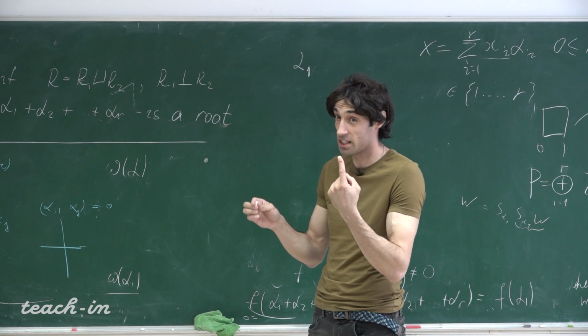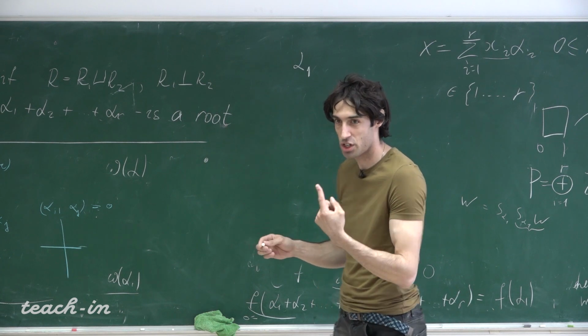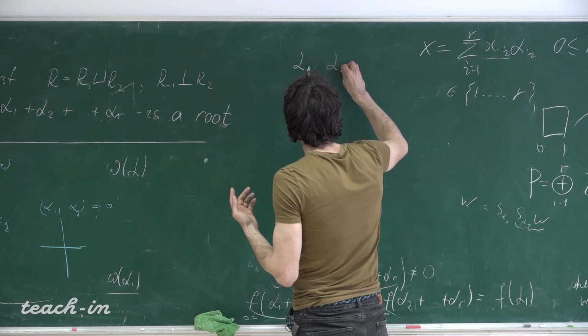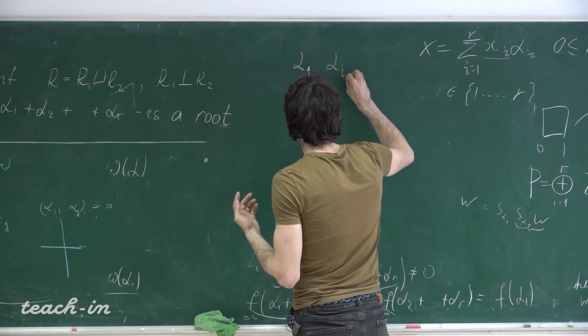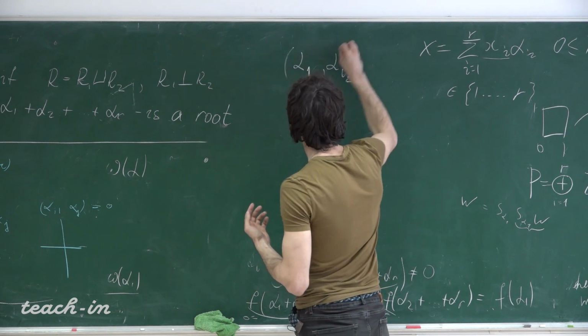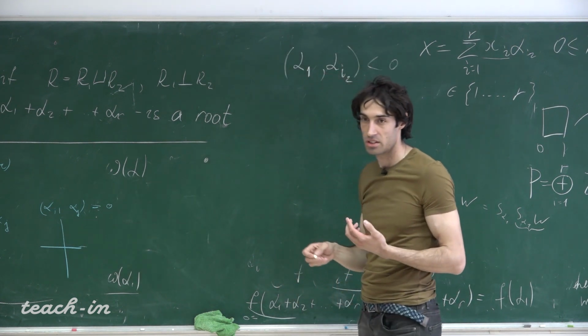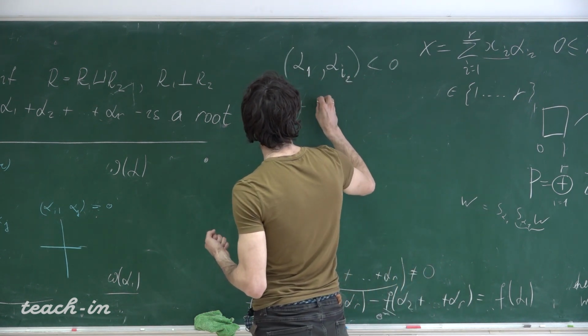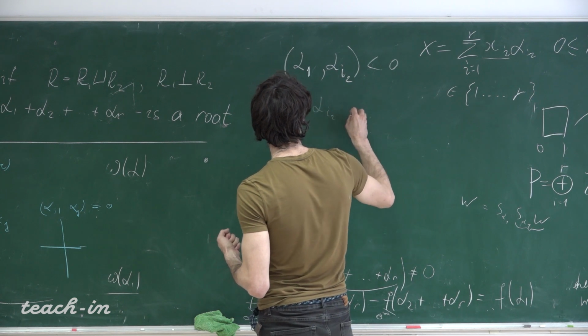So at least one we can find, say alpha I2, such that it is like that. But this means that alpha 1 plus alpha I2 is a root.